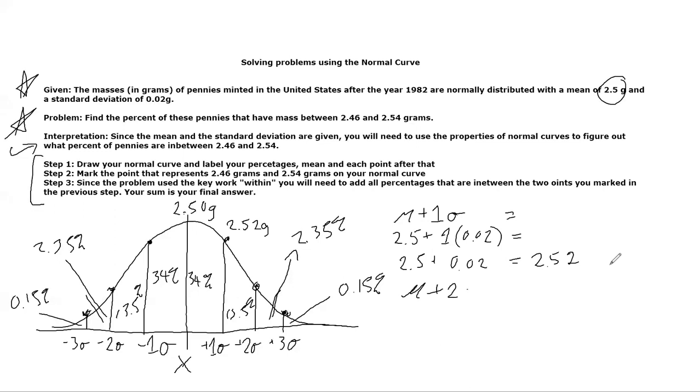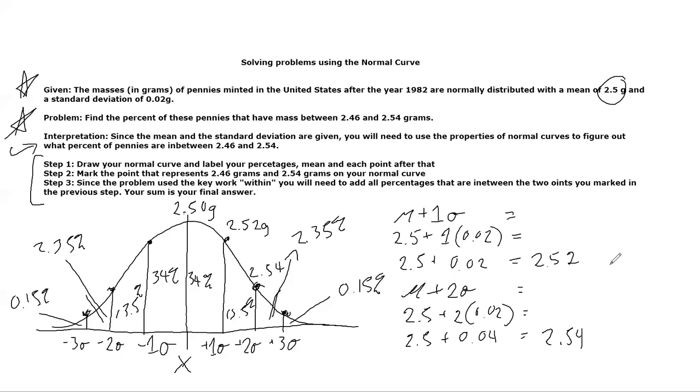The next one, mean plus 2 standard deviations. Again, we're just going to start with 2.5 plus 2 times 0.02. We're just going to double it, so it's going to be 0.04. Hey, look at that, 2.54. Isn't that what we wanted?